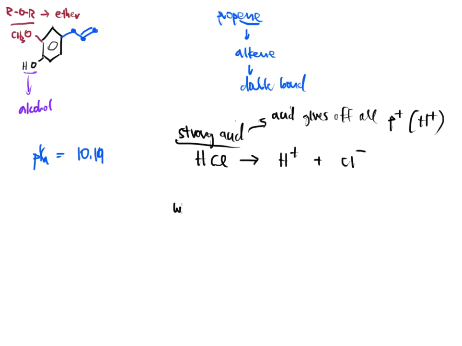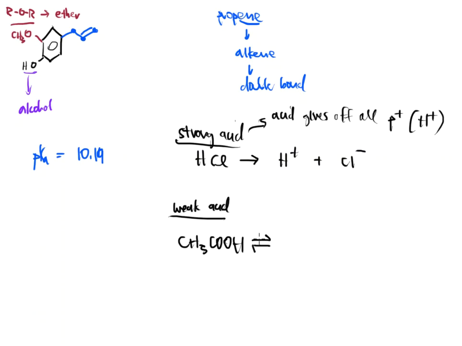But we also have weak acids, right? A weak acid is another acid that doesn't quite give off all of the hydrogen. That means a little bit of it will go forward, but some of it will stay behind. That's representative of what we do in a general chemistry course when we write those arrows like that.